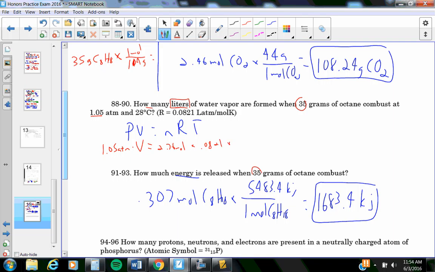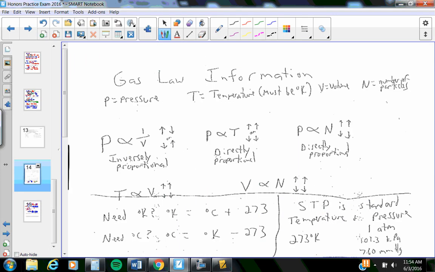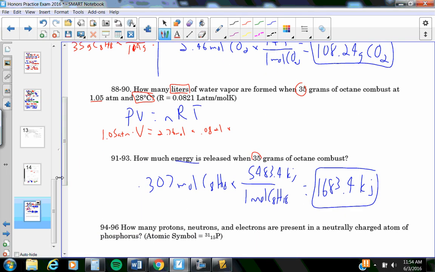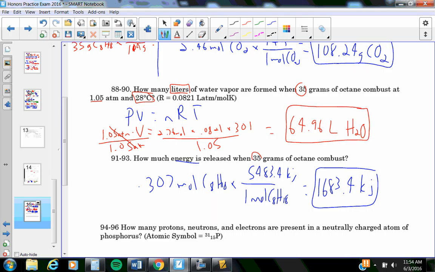The temperature, careful, it's 28 Celsius, but we have to remember to add 273. If you need Kelvin, you have to add 273. So that's going to be 301. Divide by 1.05. What you do to one side, you have to do to the other. And your answer is going to be 64.96 liters of H2O. Number, unit, label.